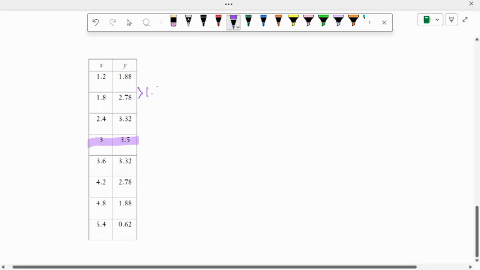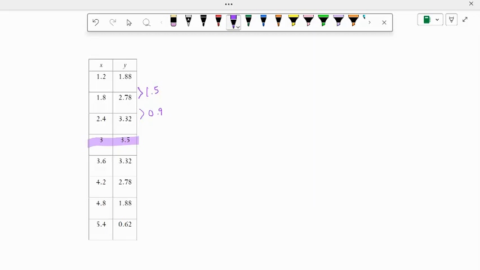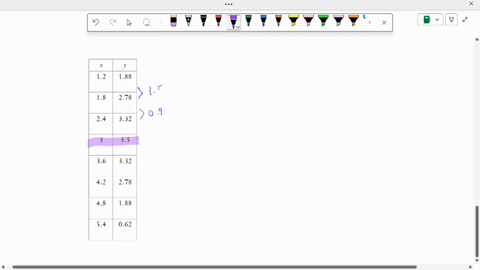I get 1.5, 0.9. I'm just looking at the change in y's, since it's over equal length intervals, these will also be constant or have a linear pattern.